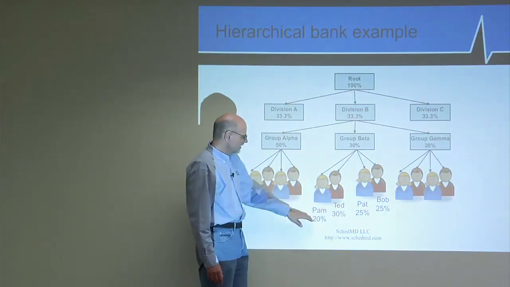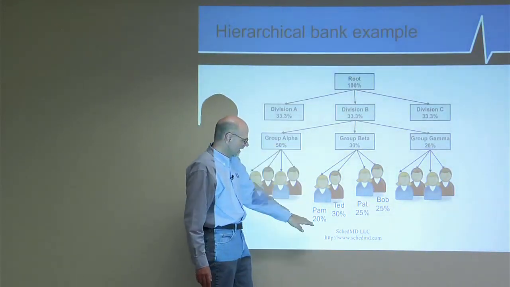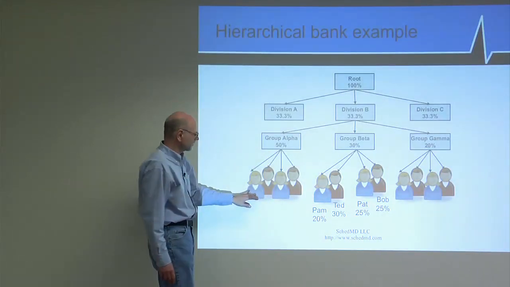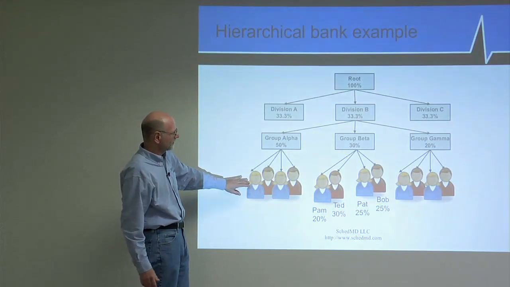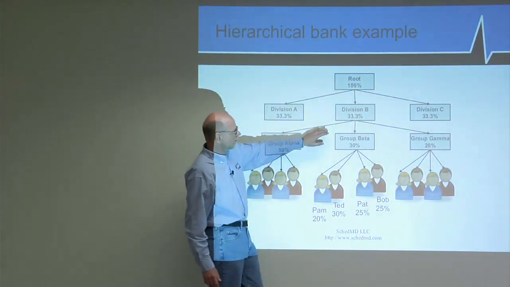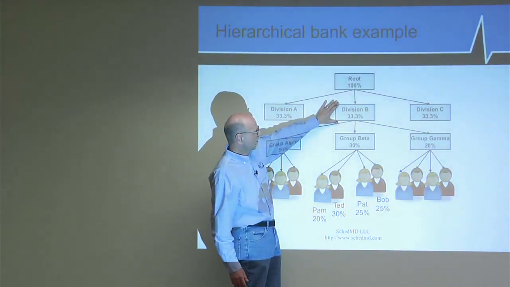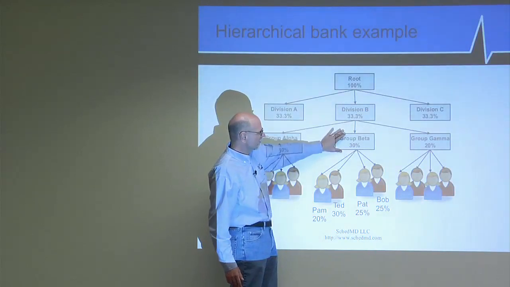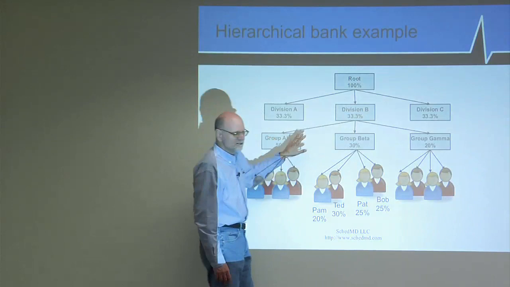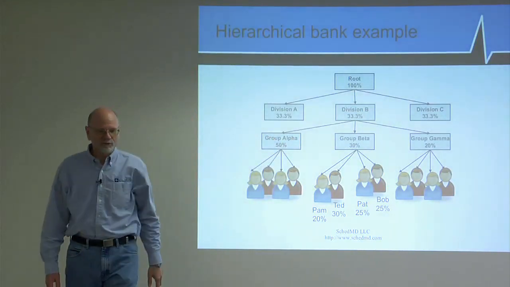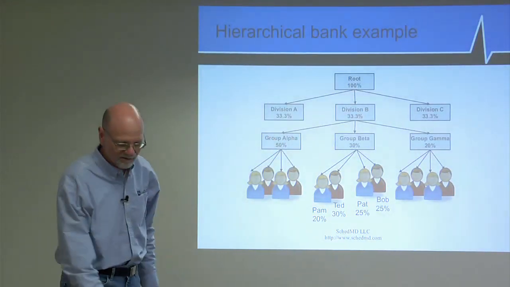So if Pam is doing work for group beta, she'll have 20% of that, but if she's doing work for group alpha, maybe she's got 10% of that or whatever. And you can have one bank coordinator for division B and a different coordinator for group beta that's able to control different sets of people in terms of limits and the shares.